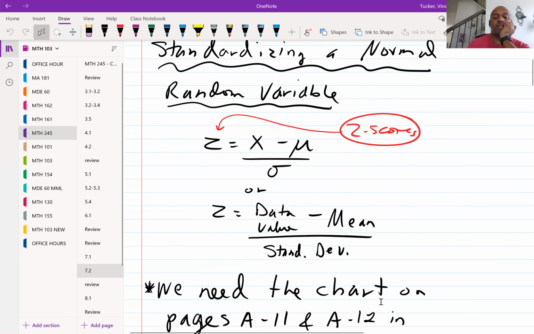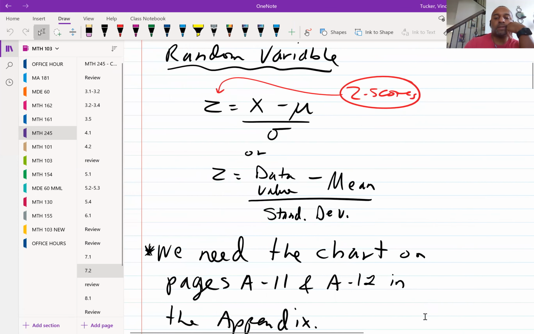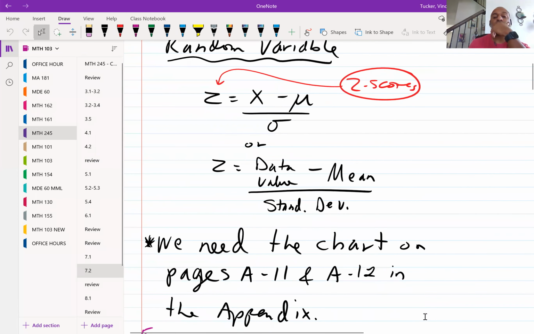You guys will have a chart that we will use, and it's in the appendix on A11 and A12 in the back of the book. It's a chart that's in the back of the book.